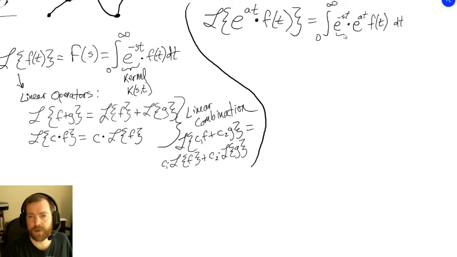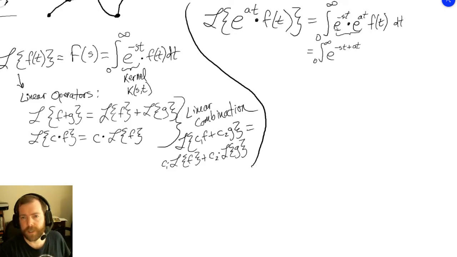Now, if you notice, these are rather nice to use. Here, these will combine. We end up with the integral from 0 to infinity of e to the negative st plus at. When you multiply like bases, what we end up with is summed exponents, so e to the negative st plus at times f of t dt.